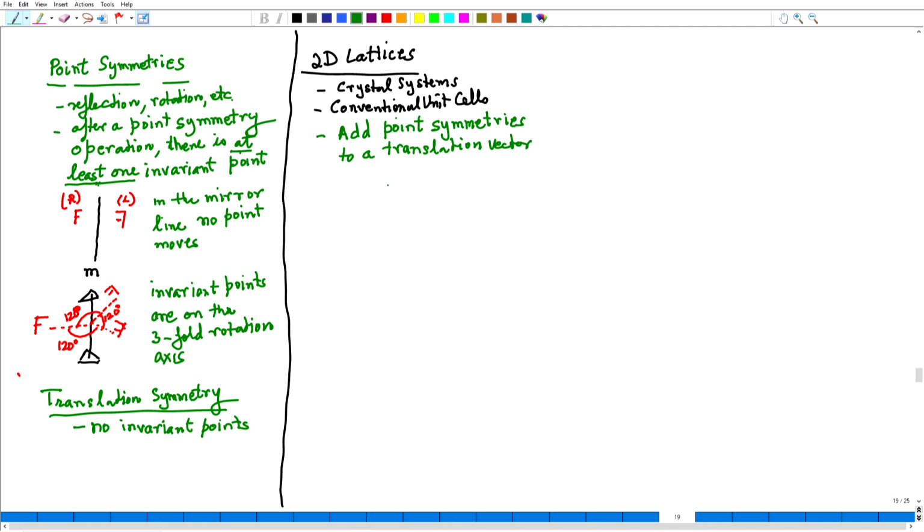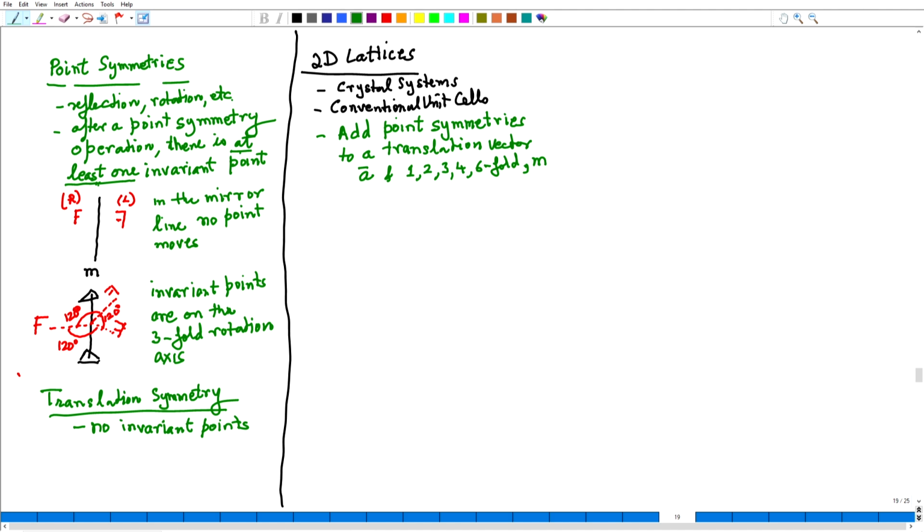So, let us say my translation vector is A, and the various point symmetries that I have are one-fold, two-fold, three-fold, four-fold and six-fold, and in addition I also have a mirror. One by one we will try to add these point symmetries to this vector A and see what is the result of operating the point symmetry on the vector itself.